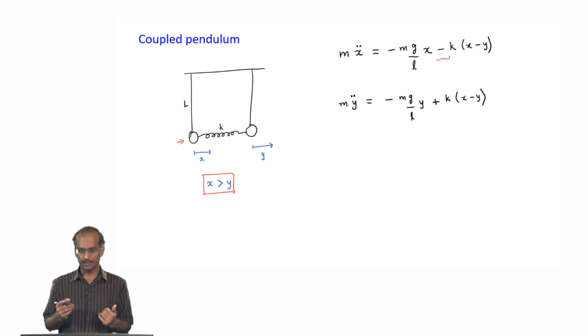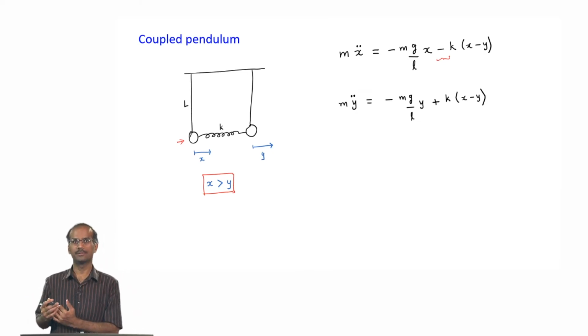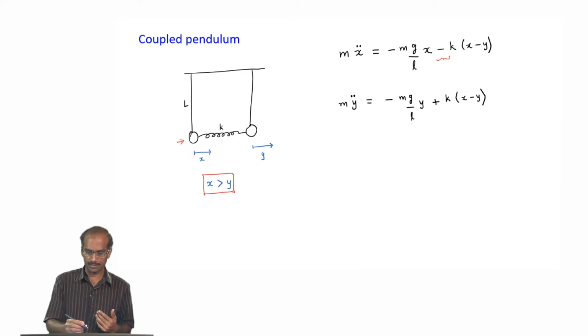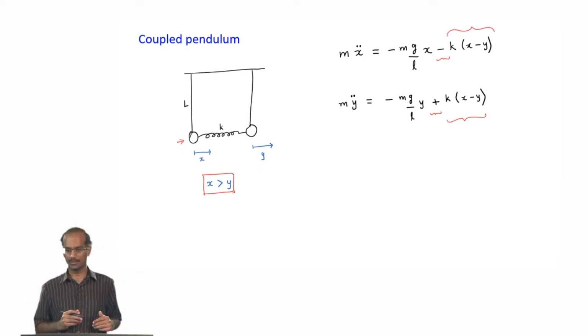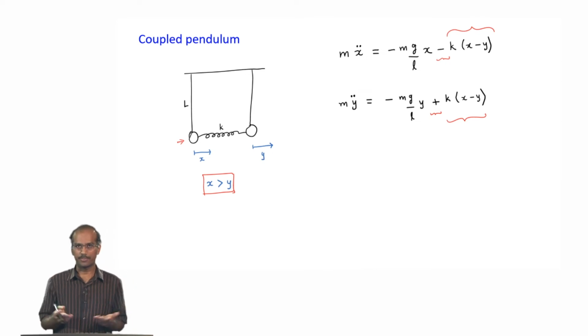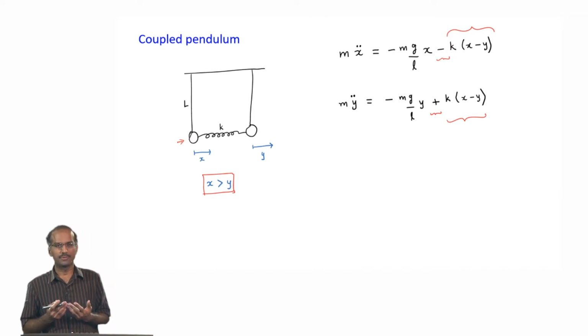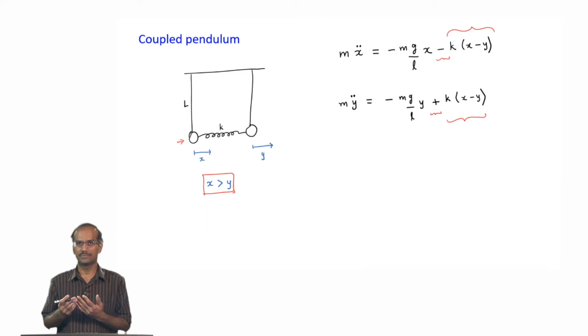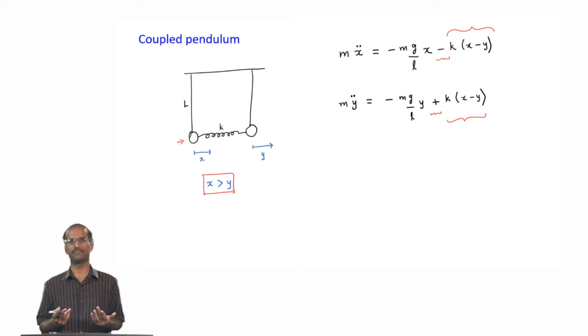On the other hand, under the same condition, it is going to help, or favor, the acceleration of the y bob, which is why you have a plus sign here. Just to repeat, the compression of the spring by my assumption is such that it is helping the y bob to accelerate, whereas it is acting against the acceleration of the x bob.